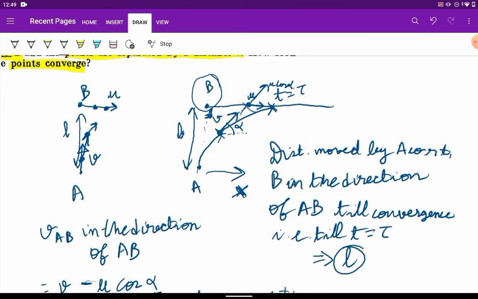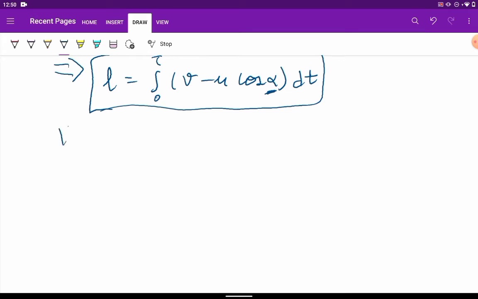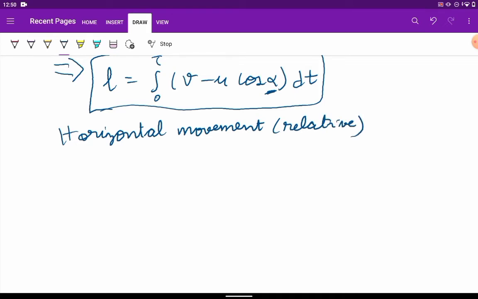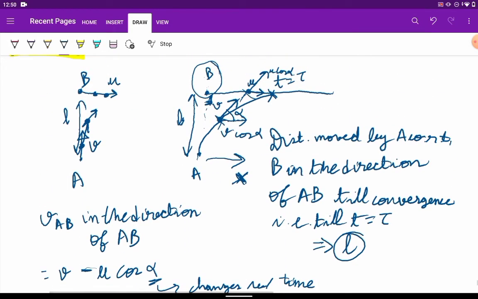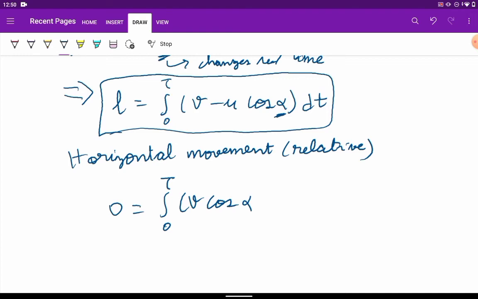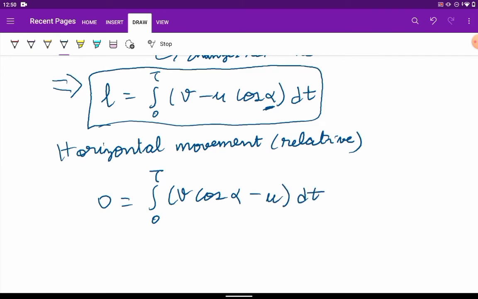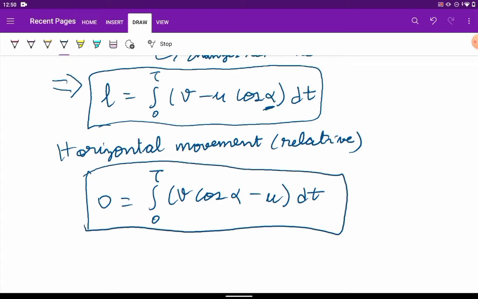The horizontal components are v cos alpha and u, so the relative displacement is the integral from 0 to tau of (v cos alpha minus u) dt, equal to 0.